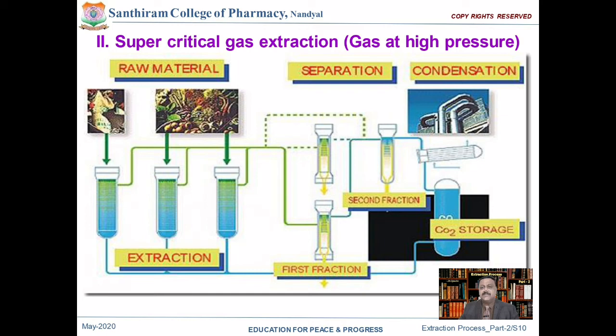From this second part, it reaches the separation process, either by filtration or by condensation, right? And then the condensed solvent is used again for recycling. I will explain you in detail in the process explanation.